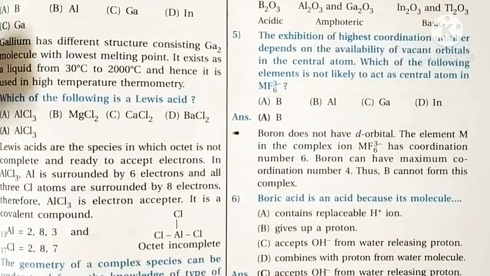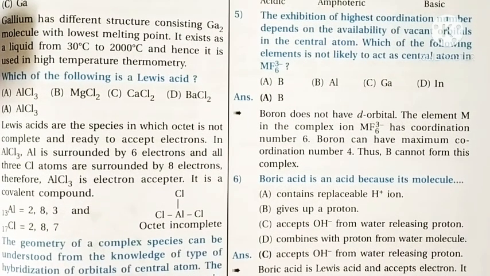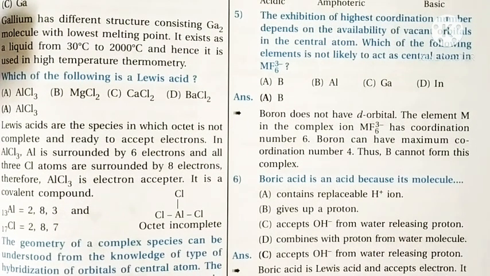Next, number 5. The exhibition of the highest coordination number depends on the availability of vacant orbitals in the central atom. Which of the following elements is not likely to act as a central atom in MF6 3-?